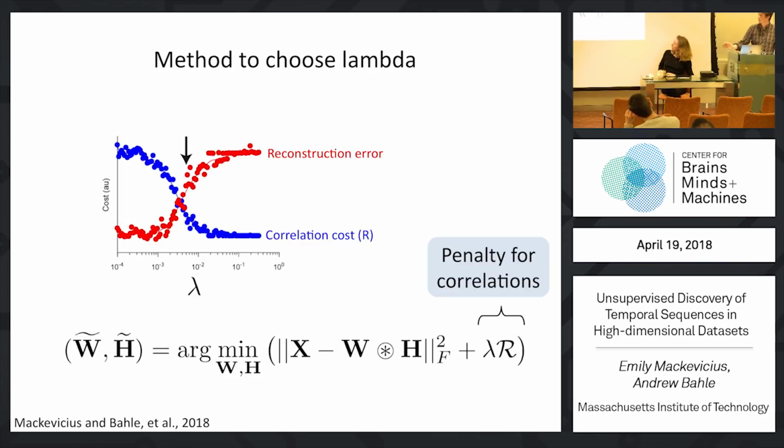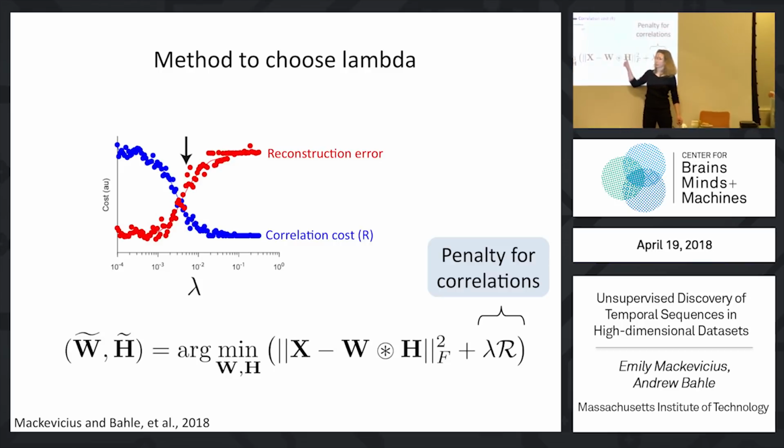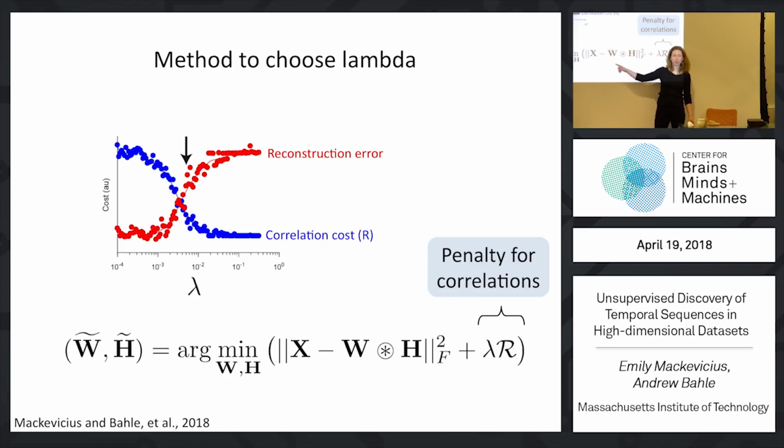Here you can see that if lambda is really low, then your reconstruction error saturates at the best reconstruction that you could ever do. And in noisy data, you'll be fitting a lot of the noise. So if your lambda is low, then it's this reconstruction term in your cost function that's being prioritized.